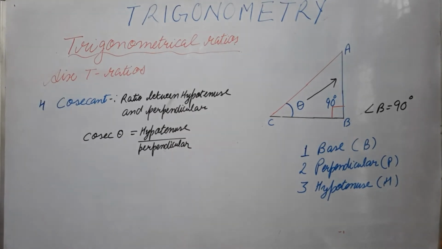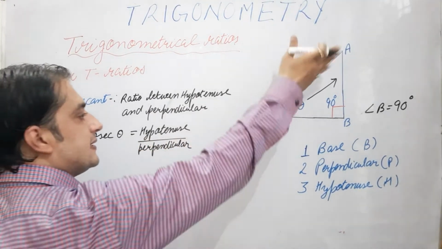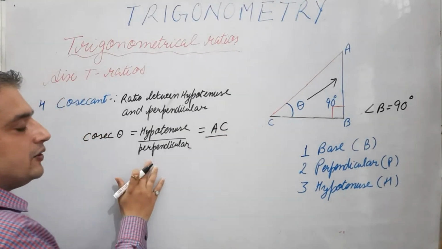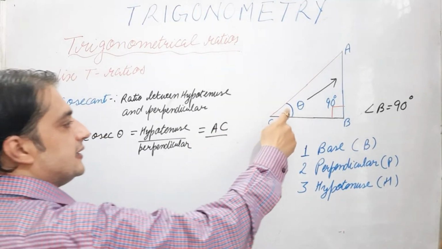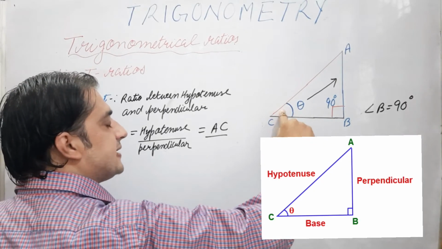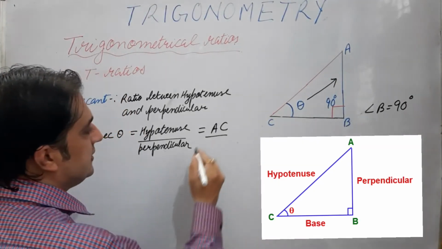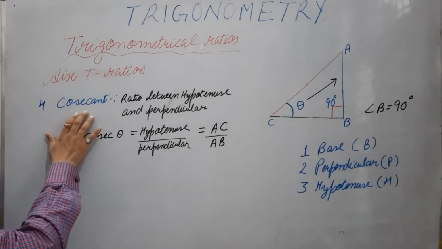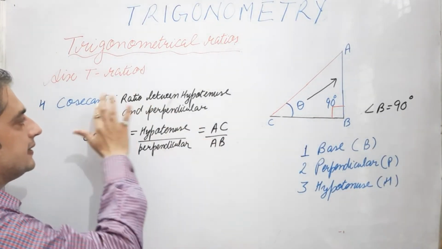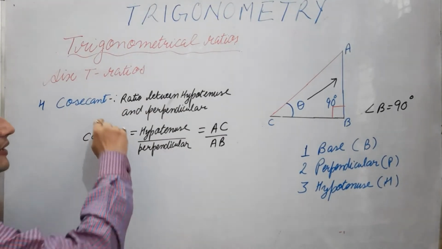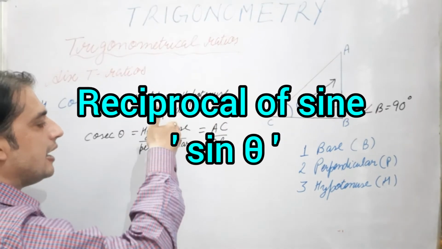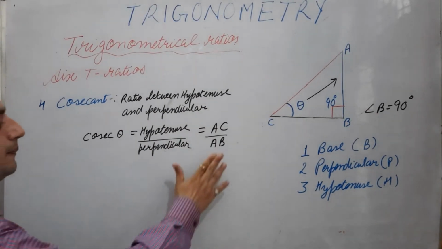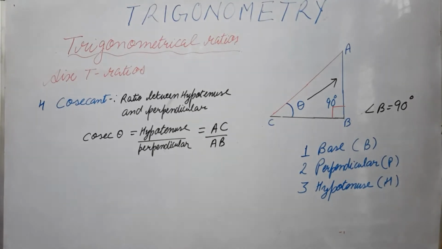Cosecant theta is the hypotenuse, the longest side, that remains the same, AC, upon perpendicular. For this angle theta, the opposite side is AB. So it's AB. See this ratio, cosecant, it's the reciprocal of sine. Sine was perpendicular by hypotenuse, now it will become hypotenuse upon perpendicular. So this is T ratio number 4.